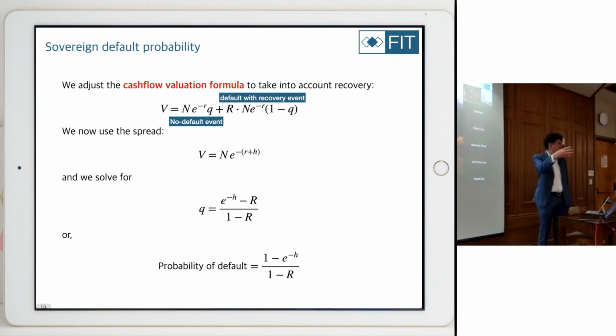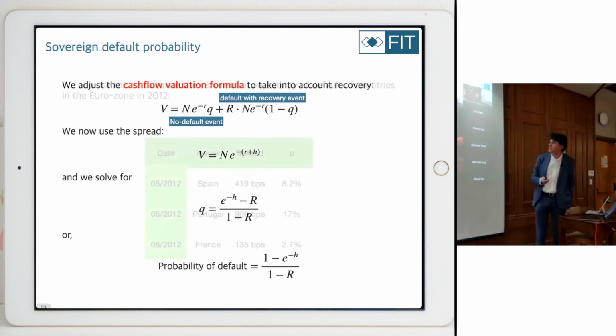H is the spread that I observe. It's in the market. I'm going to show you. I have the numbers. And the recovery rate, I'm going to say 50% because I don't really know, but let's say with 50, we just go to the next numbers.